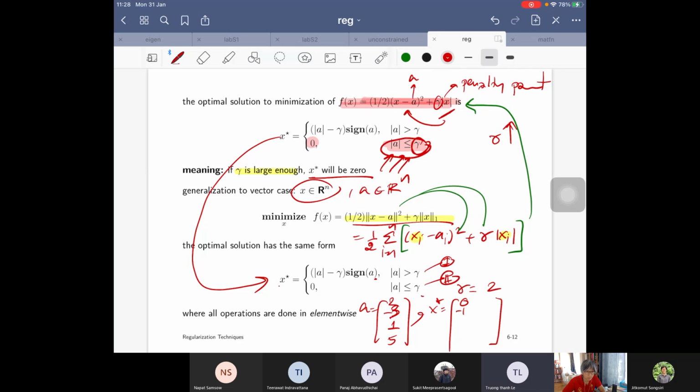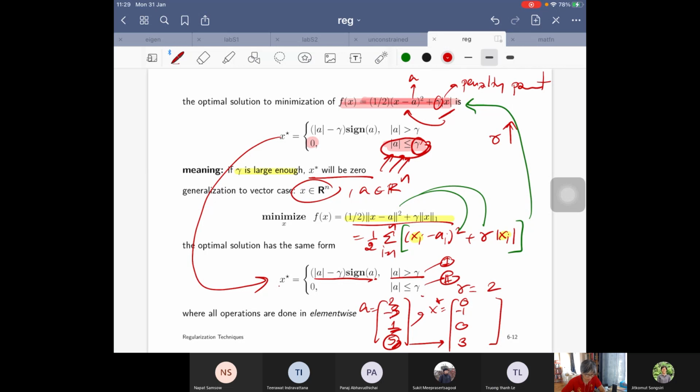The third one is 0. 0, right? Yes, Asha. Trung, the last one. Last one. 1, Asha. This A is bigger than gamma, right? Yes. So 5 becomes 3, Asha. Yes, it is 3.